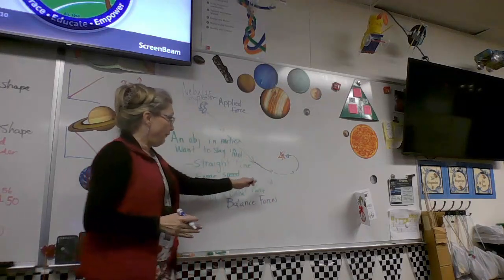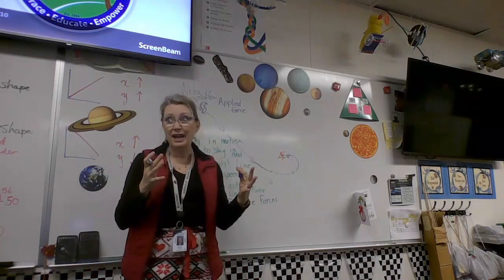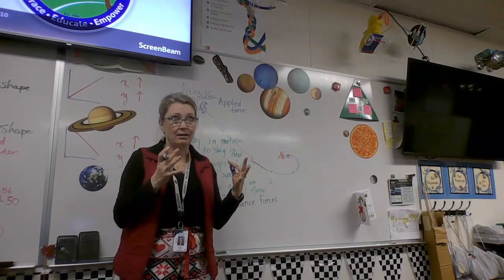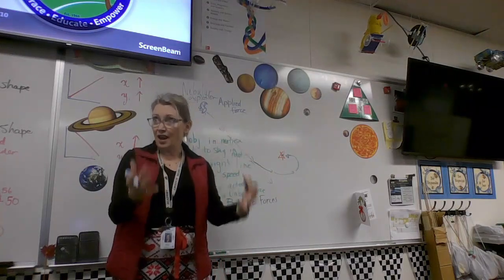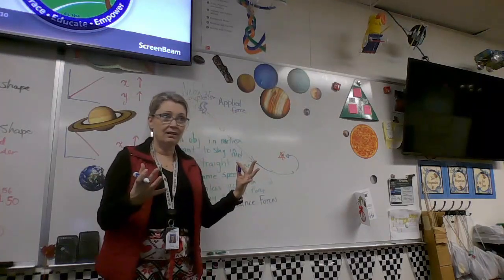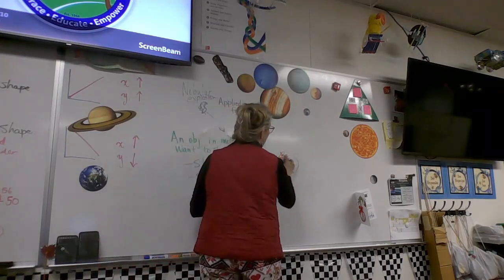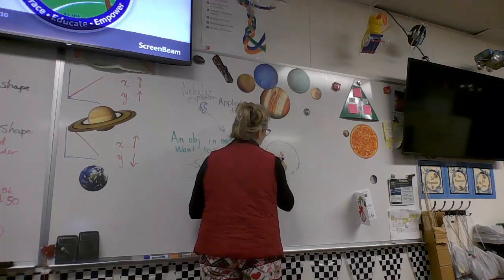If the gravity is so big, it might be too big and we'll suck it right in. But if we can get to a point where they're balanced, there's enough applied force and an even amount of gravity, it's going to just start going in an orbit.